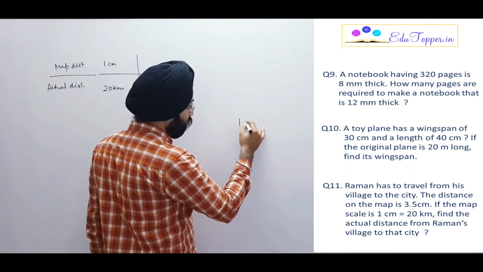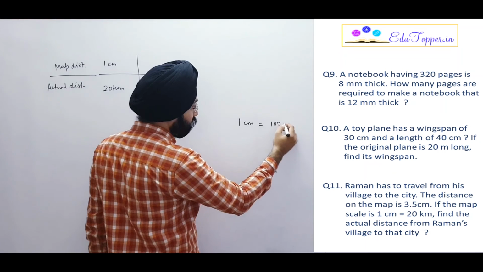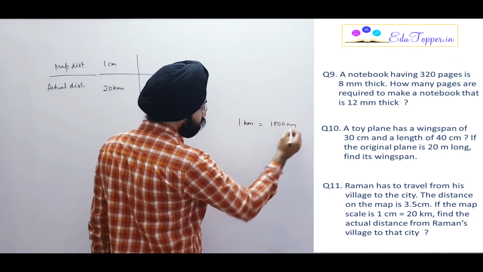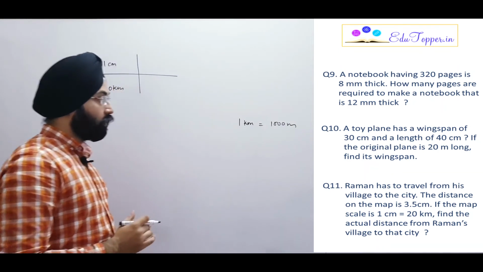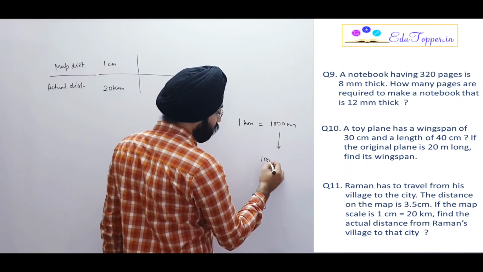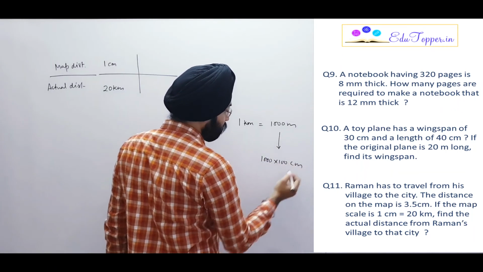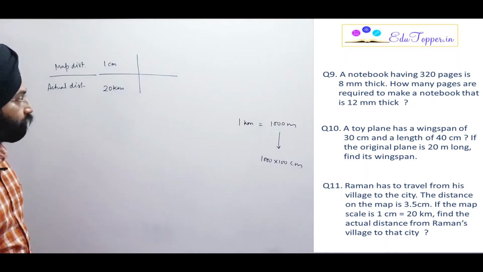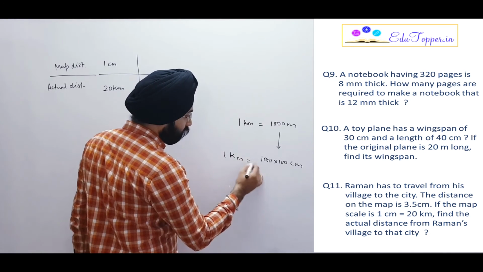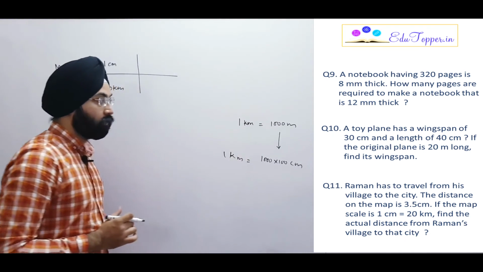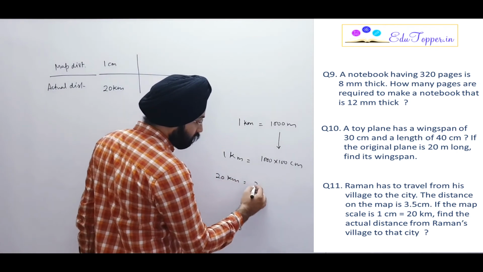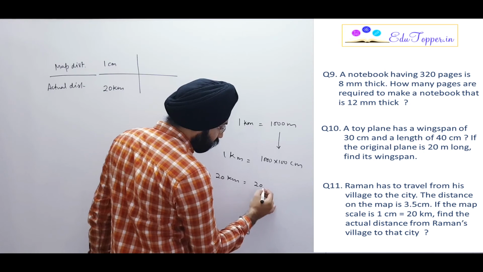See, 1 kilometer is 1000 meter. 1000 meter is 1000 into 100 centimeters, right? So 1 kilometer is 1 lakh centimeters. 20 kilometer is 20 lakh centimeters, right?